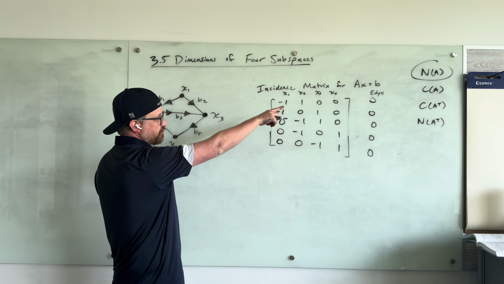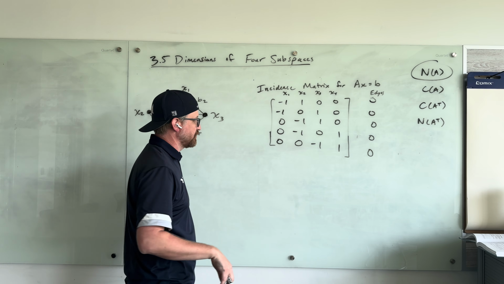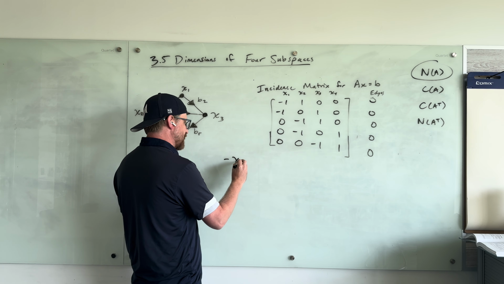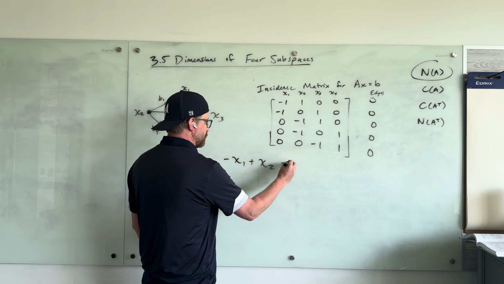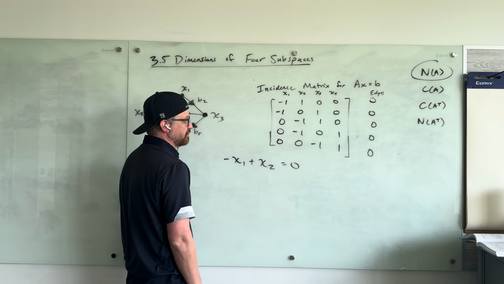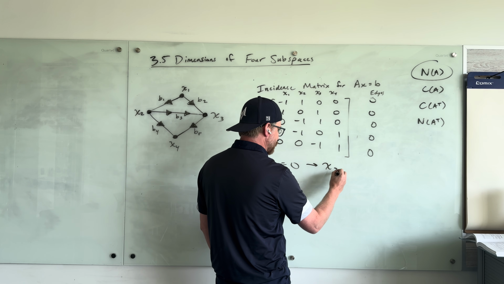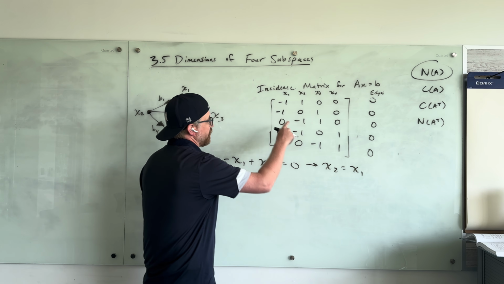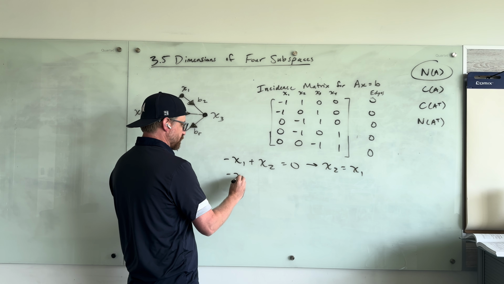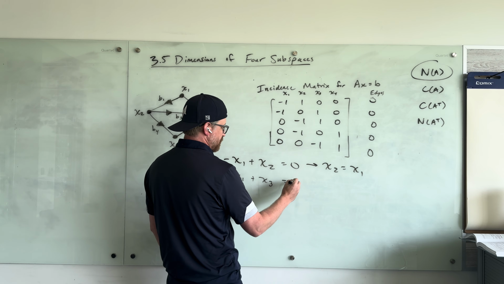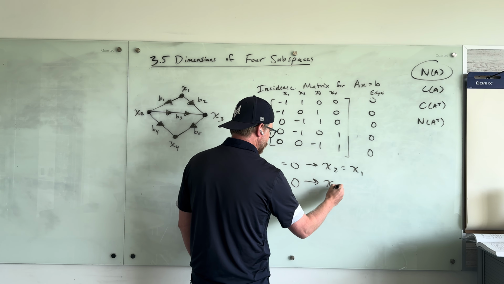Well, let's just go equation by equation, much like we did in this unit. The first equation would be negative x1 plus x2 is equal to 0. So if I'm just taking the first line and I solve this, notice we get that x2 is equal to x1. If I look at the second line, we get negative x1 plus x3 equals 0. Well, that implies that x3 is equal to x1.